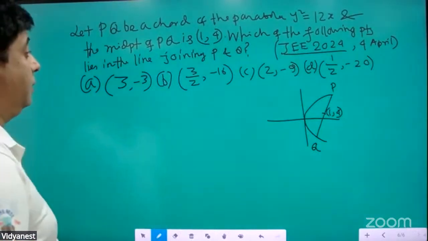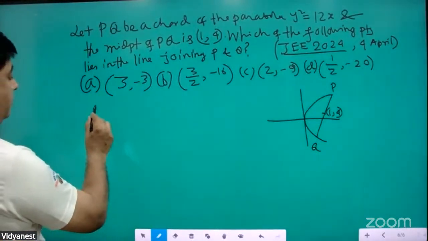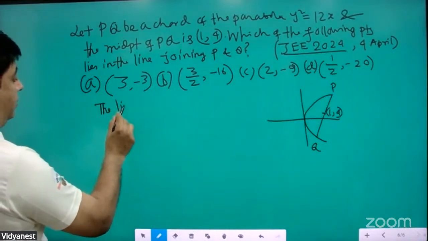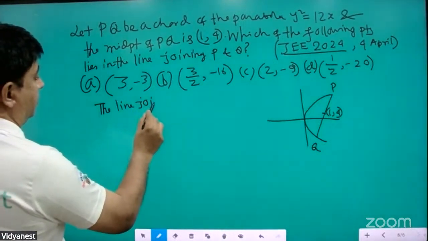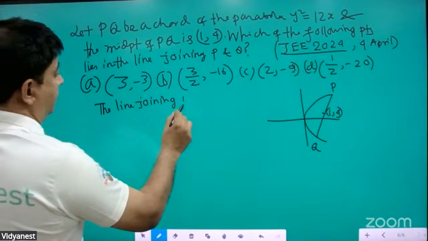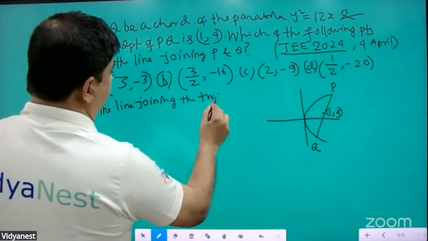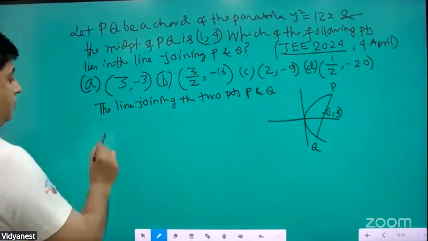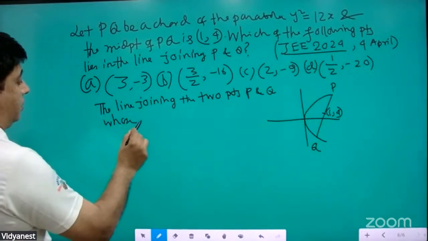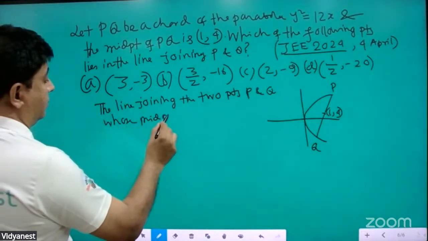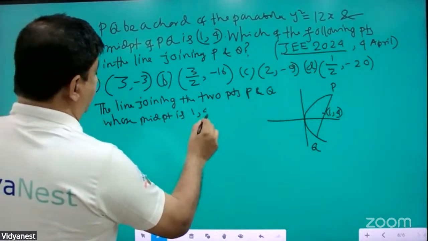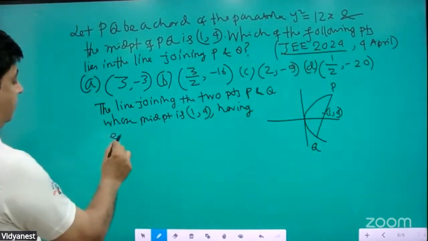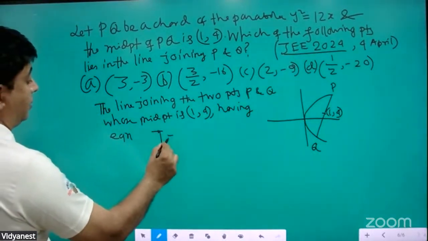So you can write the line joining the 2 points P and Q, whose midpoint is 1, 4, having equation T is equal to S1.